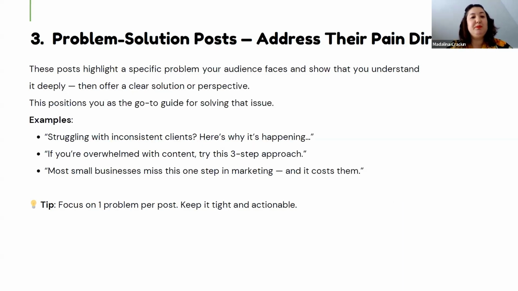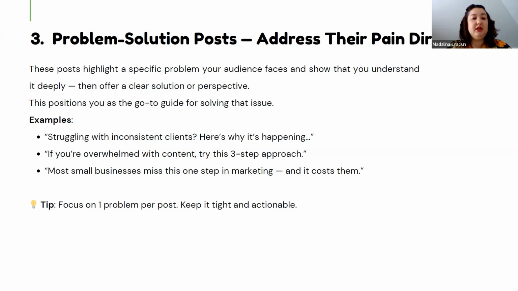Another type of post is the problem-solution post. Address their pain directly. These posts highlight a specific problem your audience faces and show that you understand it deeply, then offer a clear solution or perspective. That will position you as the go-to guide for solving that issue.